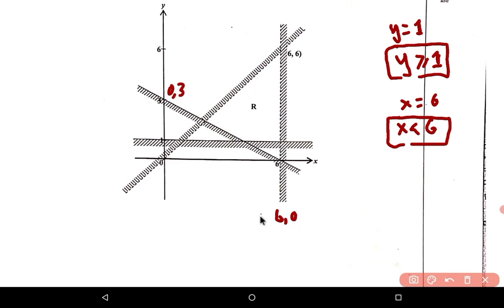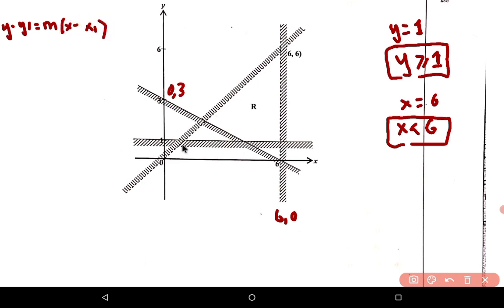So we can say that y minus y1 is equal to the gradient times x minus x1.